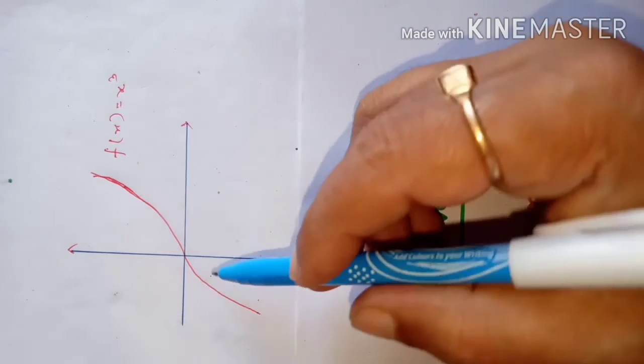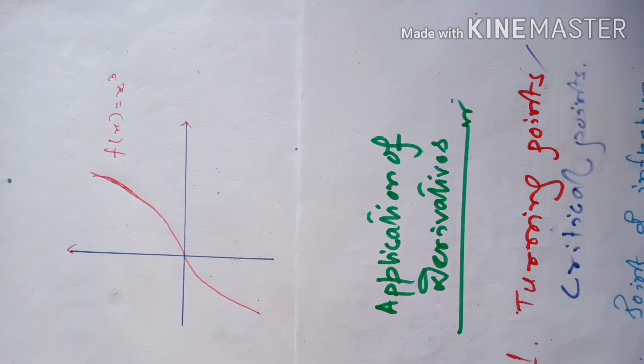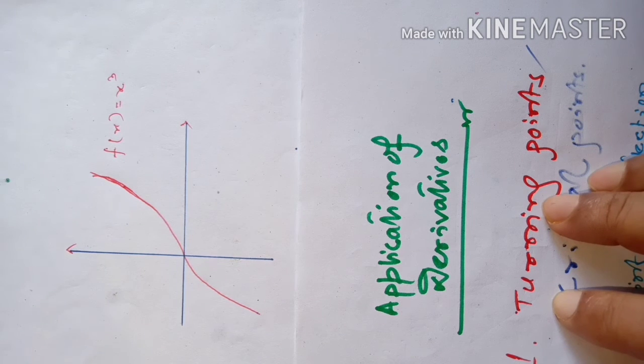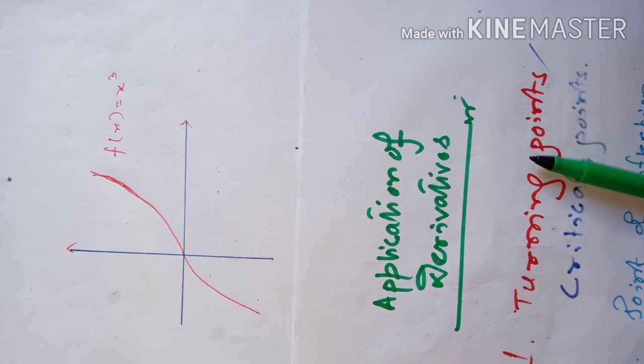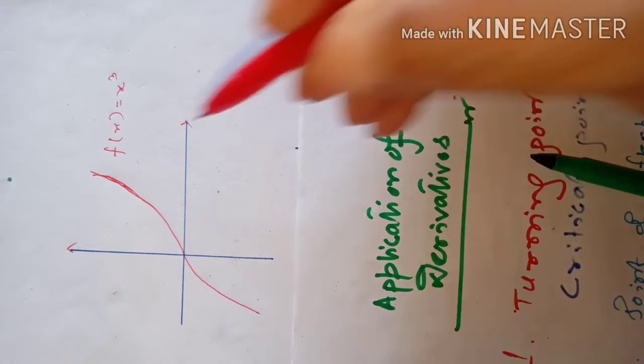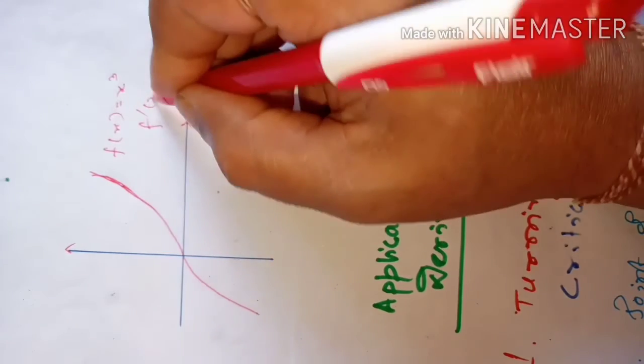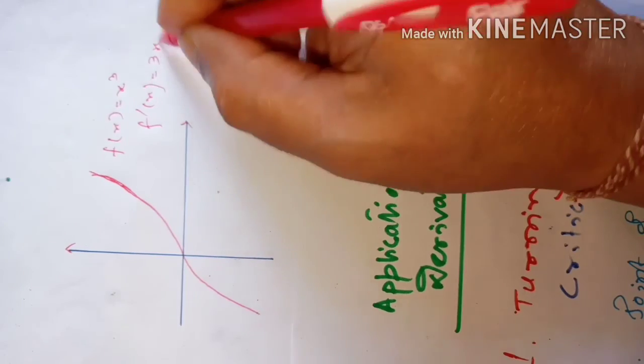Now look at this graph, dear students. Here the function is f of x equal to x cube. If we find the derivative, we get f dash x equal to 3x square.